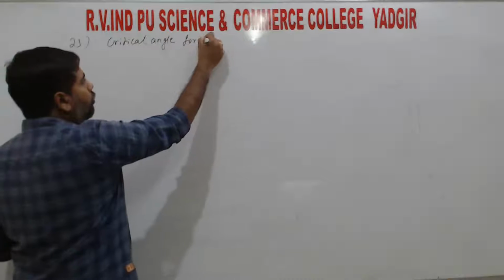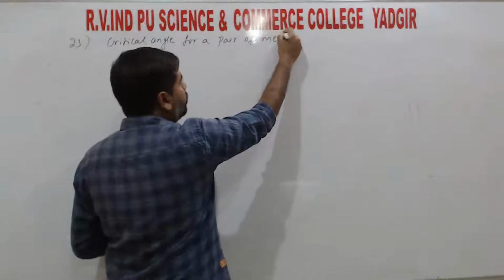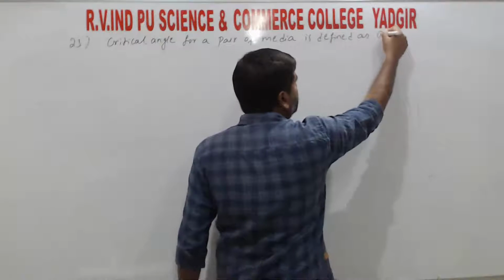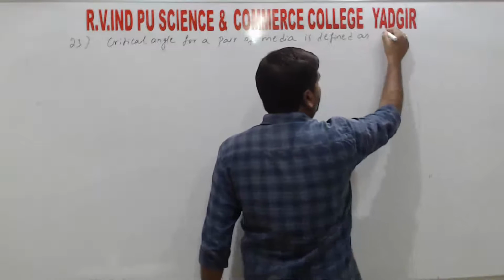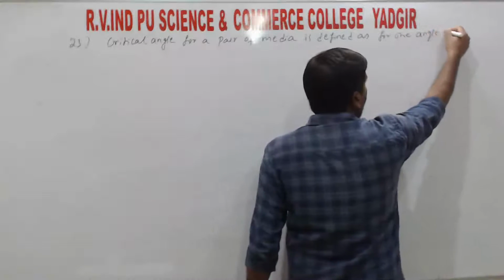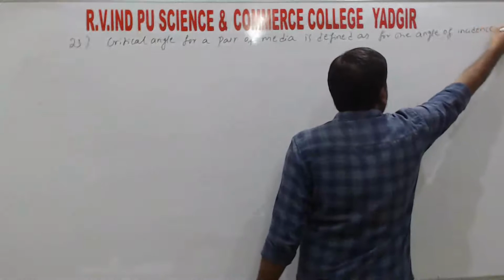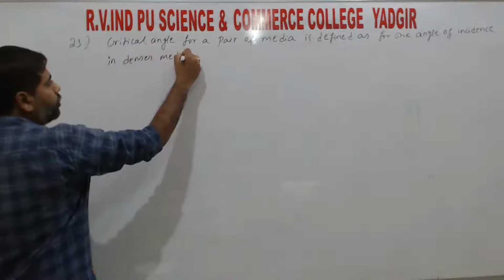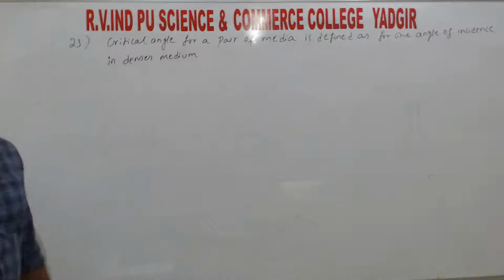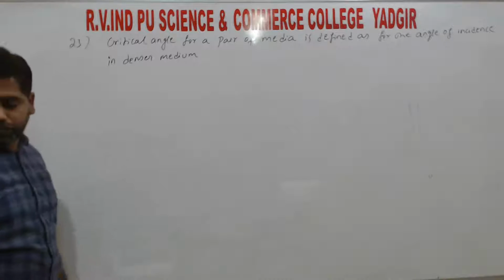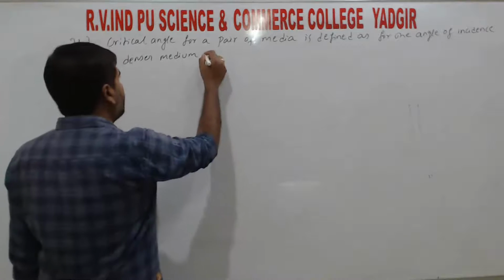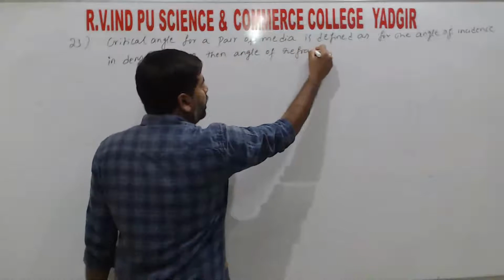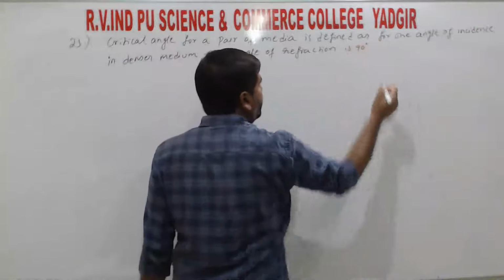The critical angle for a pair of media is defined as the angle of incidence in the denser medium for which the angle of refraction is 90 degrees, right?